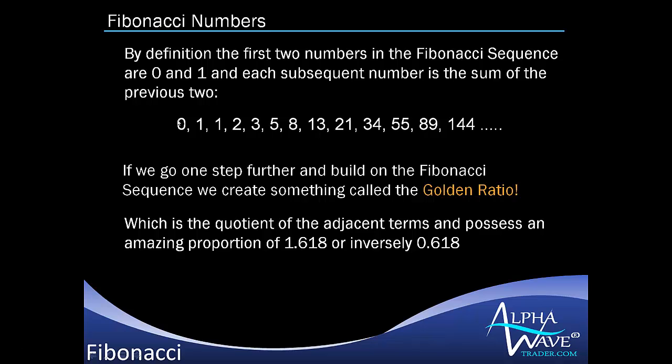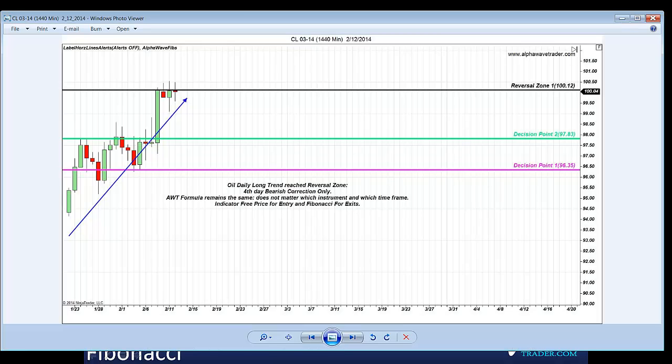If you add every single number, it will start creating a formula that keeps expanding. And this is what a trend does. Doesn't matter what instrument, doesn't matter what time frame. And that's how a trend keeps expanding each and every time.